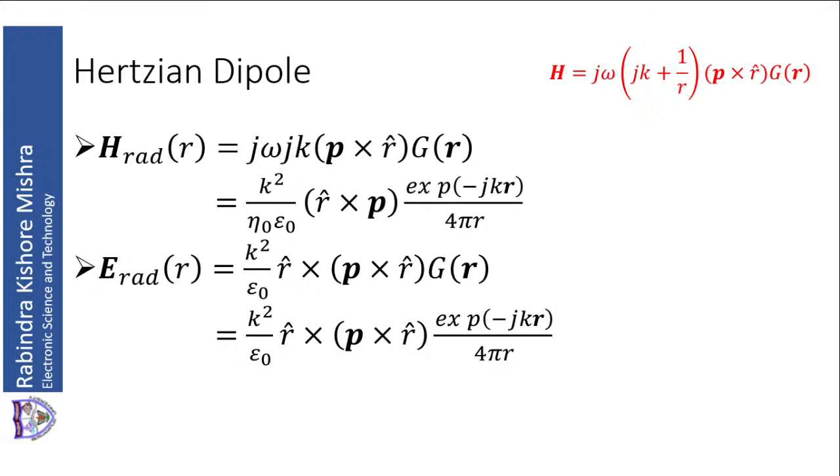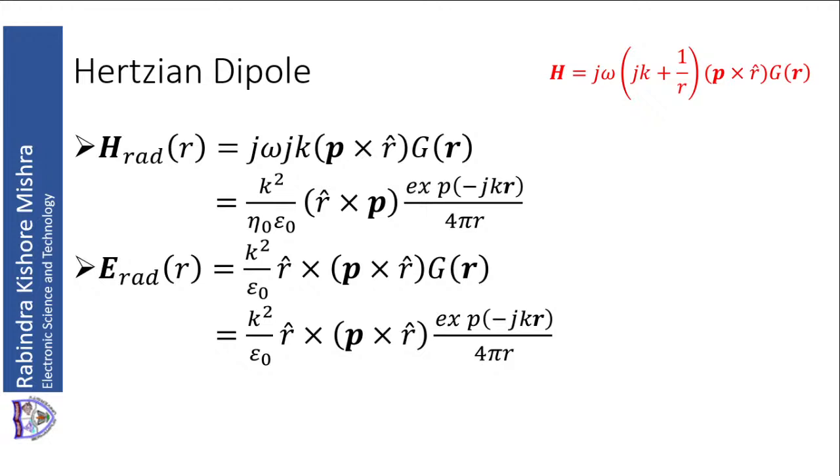From where we got E rad, we have already seen the expression for the electric field. From that expression, we just drop the terms which are falling faster than 1 by r, which means the 1 by r square and 1 by r cube terms. Those terms we drop, and from that we get E rad. So the radiated H field and E field we found out.